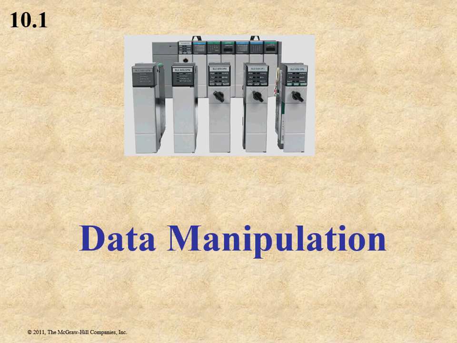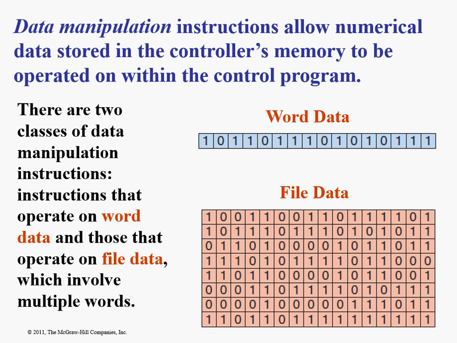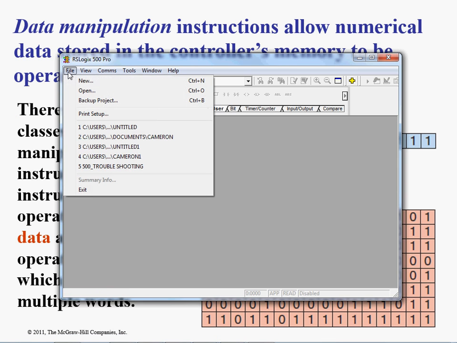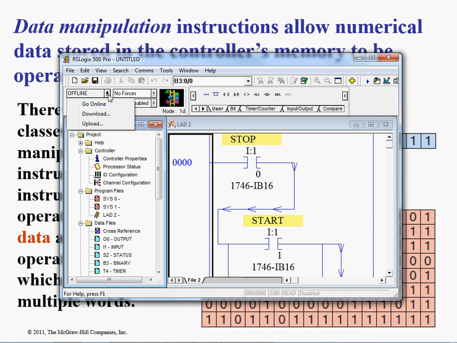Okay, so data manipulation, there are two types. We're going to do manipulation on word data or file data. Right here, if I was to go online, let's see, here's the last one that was open. Let's hit the go online button.